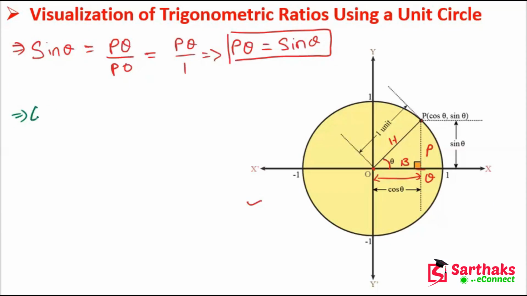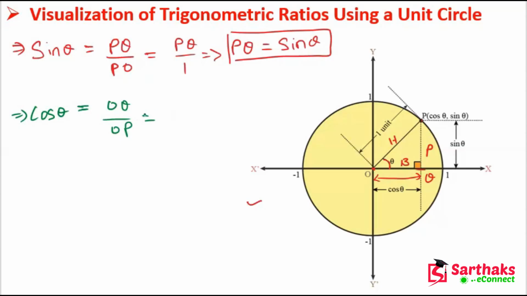Now what is cos theta? We know that cos theta is base upon hypotenuse. The base is OQ and the hypotenuse is OP.